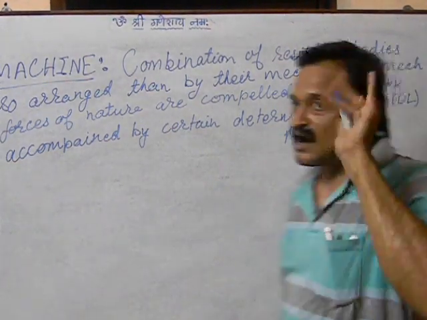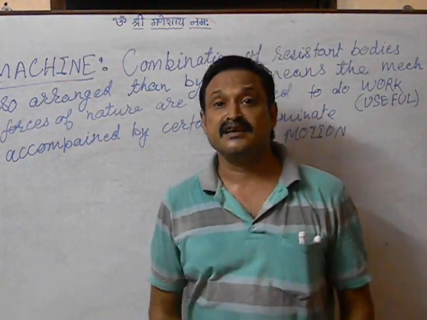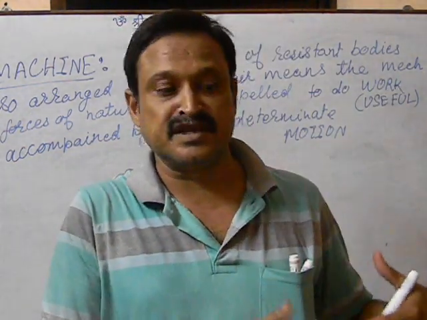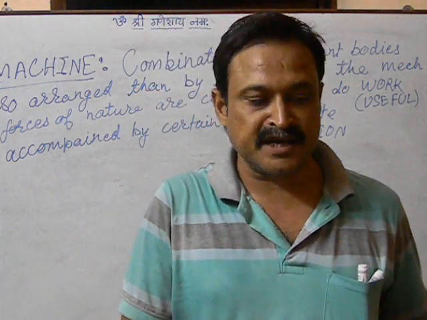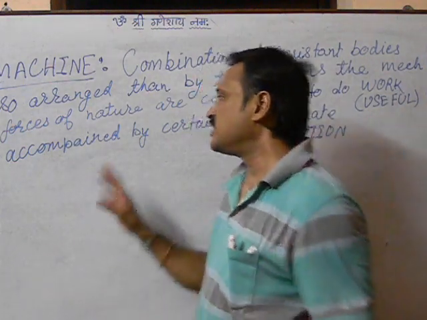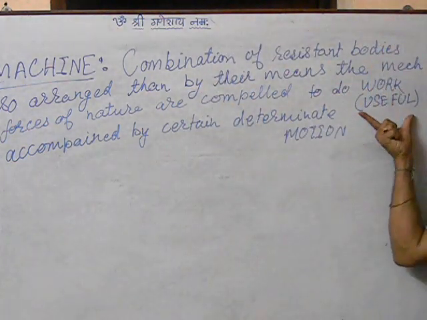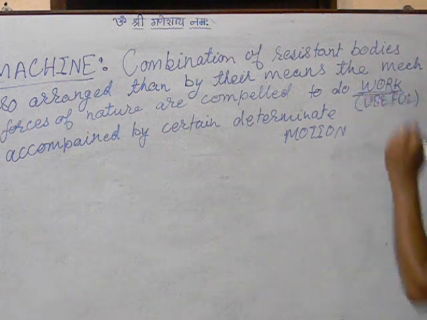If you remember, our focus was to turn the wheel. So that was a specific motion I needed to have in those wheels. Until and unless the wheels rotate, the vehicle does not move. So in the output, I want motion as well as I need work. That means work done has to be there.